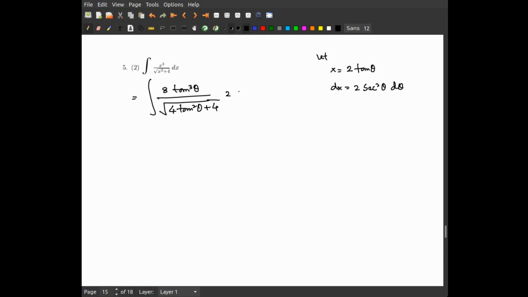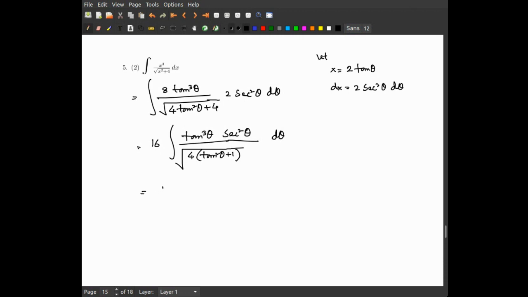Instead of dx, it would be 2 secant squared theta d theta. 8 and 2 out, so 16 out, and we have tan cubed theta. In the denominator, we can take 4 out. If we take 4 out, that would be tan squared theta plus 1, and we have a square root sign there. And we have a secant squared theta here and d theta.